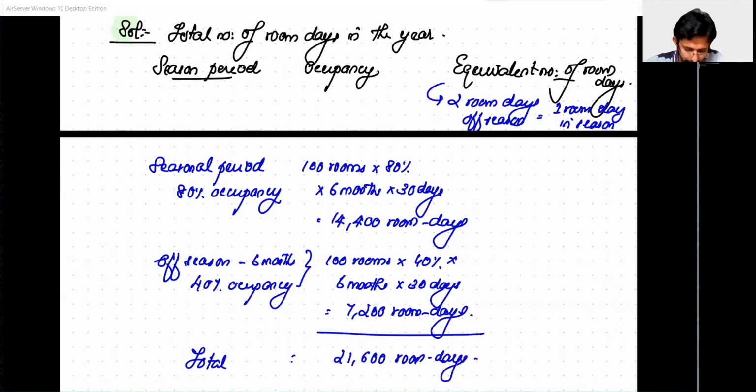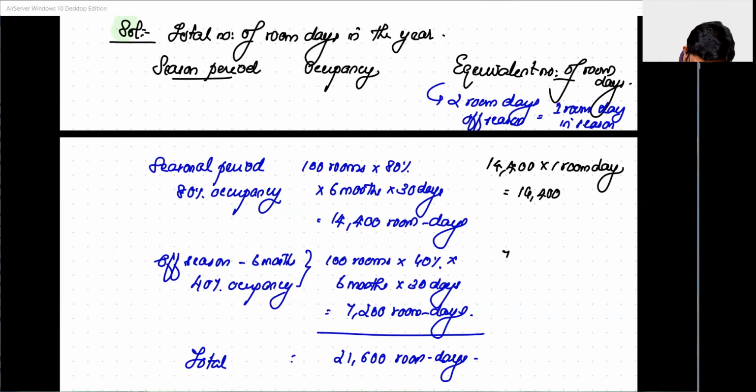Total will be 21,600 room days. But the 7,200 room days which you are getting in the off season, that is only 50% of the normal room days, because the rent you get is only 50% of the normal rent. So when you compute the equivalent, what do you have to do? This 14,400 is equivalent to 1 room day equivalent, that is equal to 14,400.